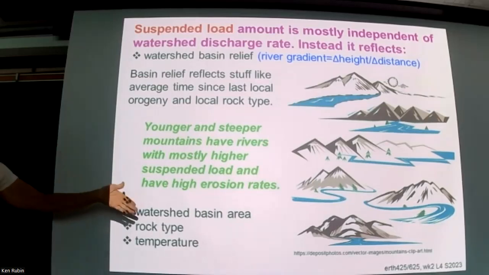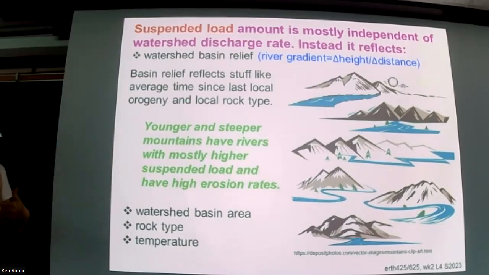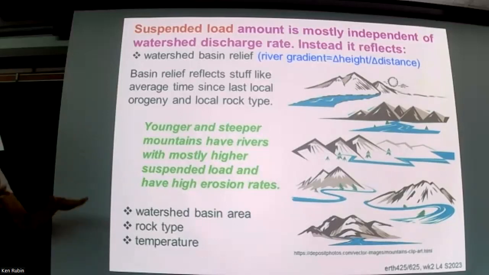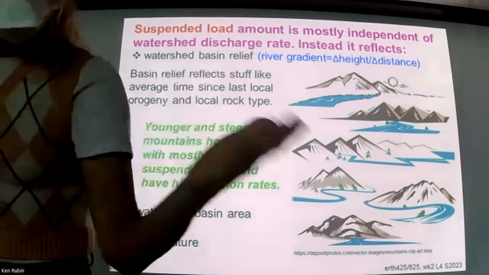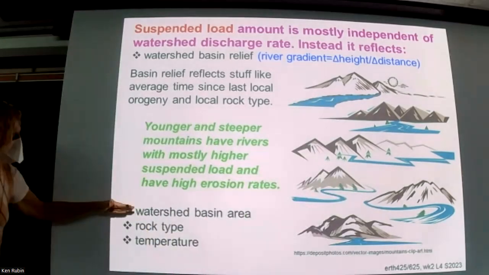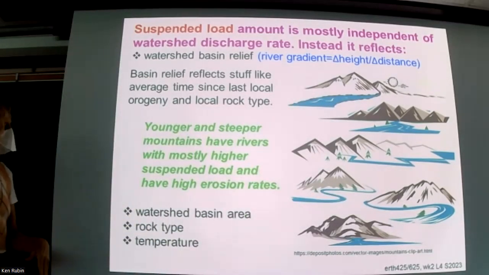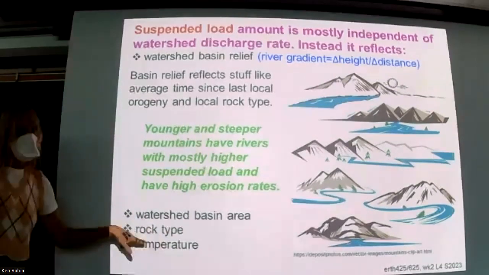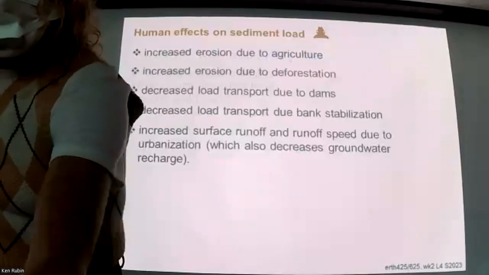This reflects the youthfulness of the landscape, because the older a landscape gets, the more the relief tends to be reduced by processes of erosion. I should point out there are some secondary things as well that affect the suspended load, such as how big a watershed is, what kind of rock is in there, and how warm the water is.